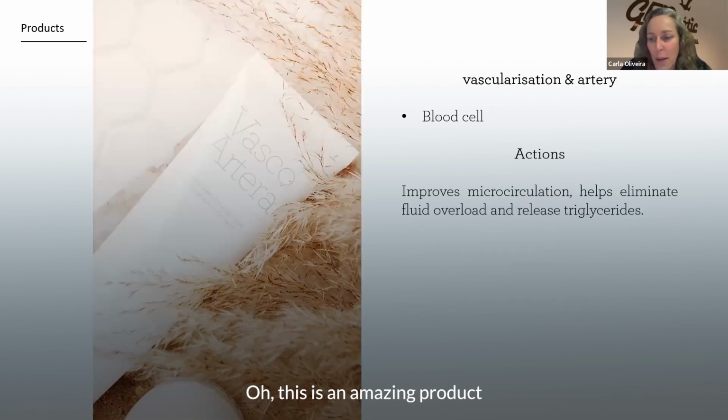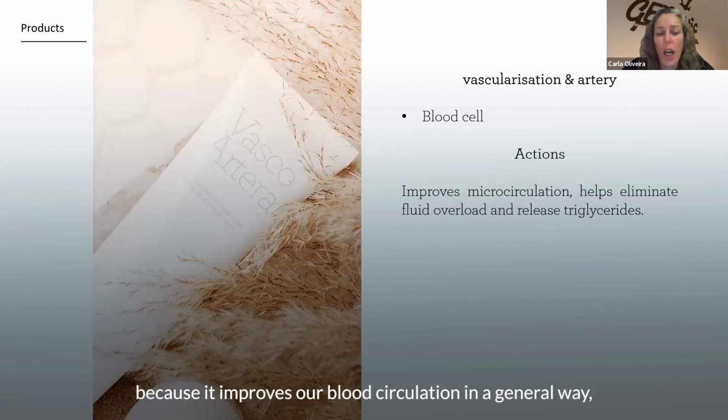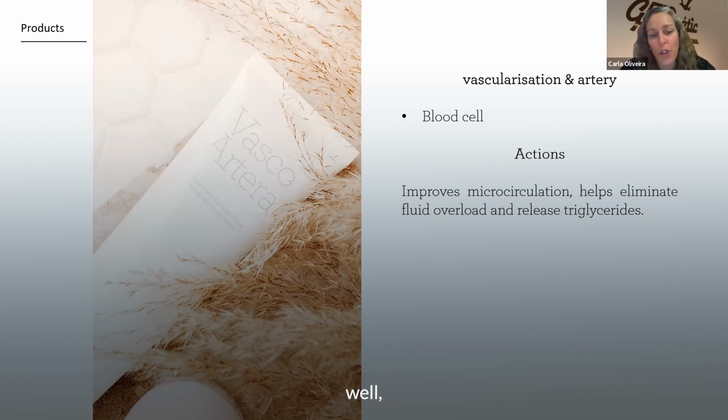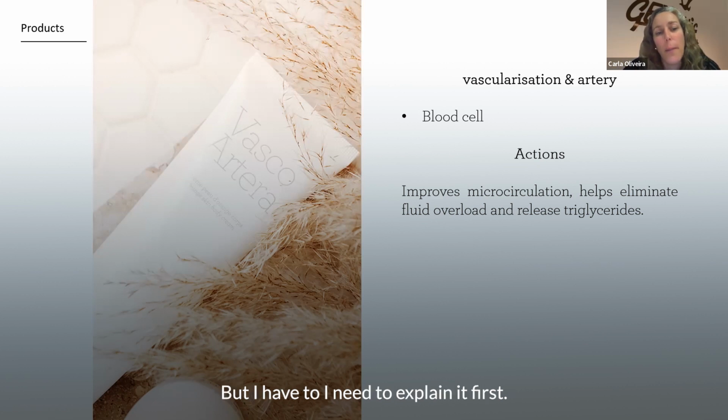Oh, this is an amazing product because it improves our blood circulation in a general way, but it also improves the drainage. So it's very good to, well, I'm going to say to improve the imbalance of cellulite, but I need to explain it first. Normally our cells are very clean.